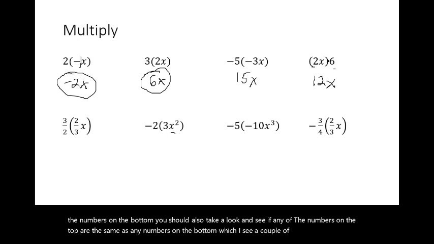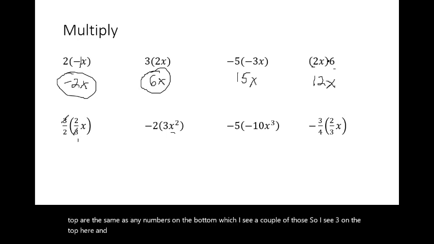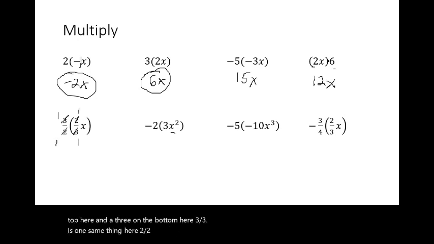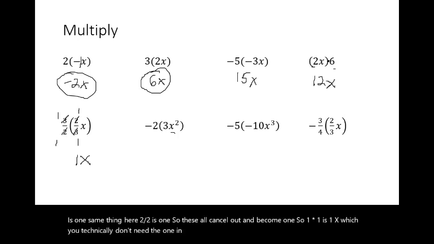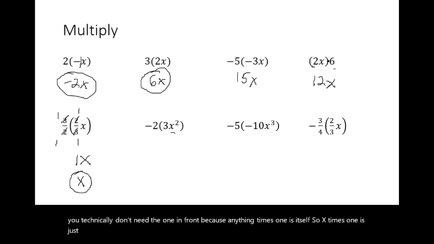So I see a 3 on the top here and a 3 on the bottom here. 3 divided by 3 is 1. Same thing here. 2 divided by 2 is 1, so these all cancel out and become 1. So 1 times 1 is 1x, which you technically don't need the 1 in front because anything times 1 is itself. So x times 1 is just x.